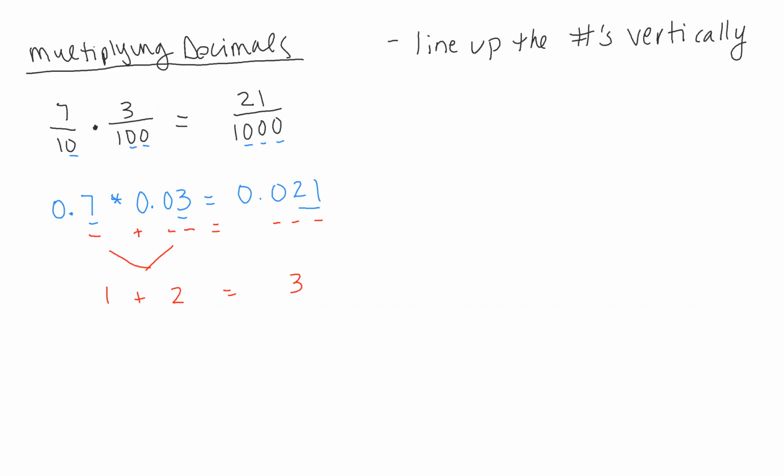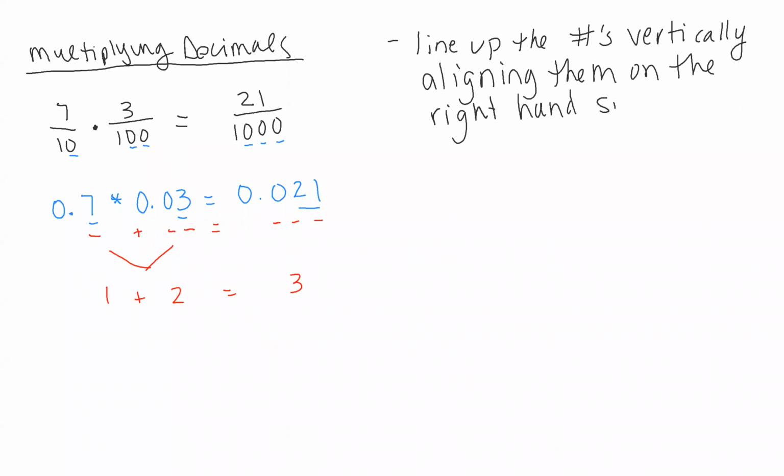So we line the numbers up vertically, aligning them on the right-hand side, not by the decimal point. You'll remember in adding and subtracting decimals, we lined up our numbers vertically by the decimal point. You do not do that here. You right-hand align the numbers, and I'll show you in a second what that's going to look like.